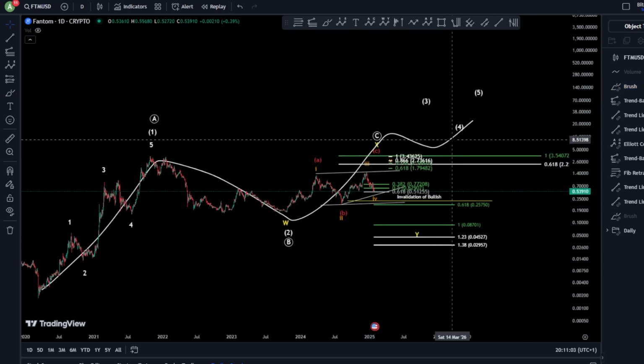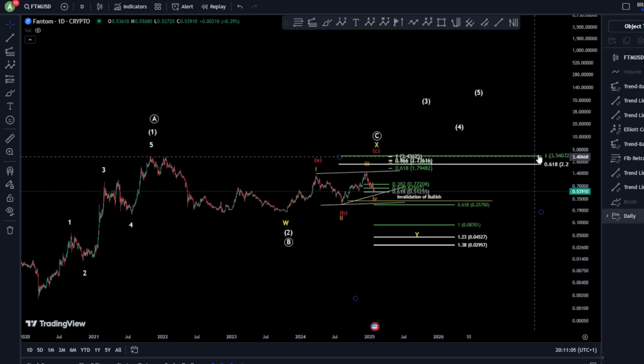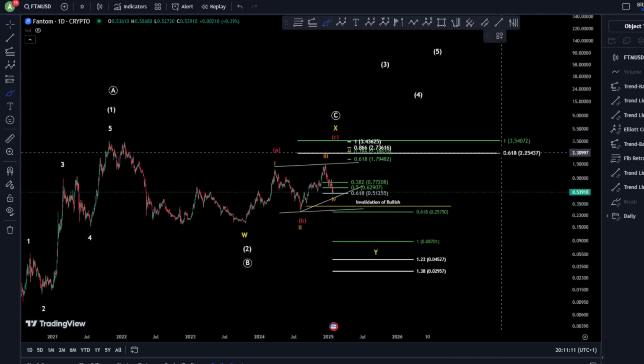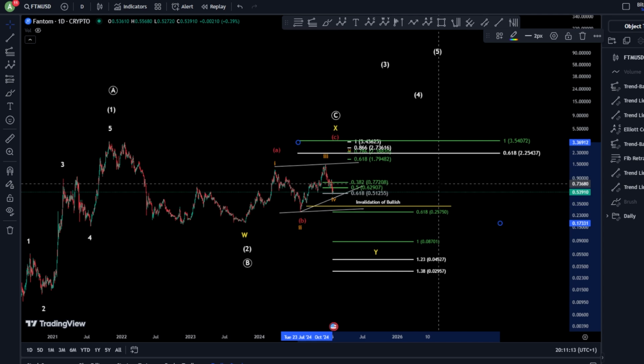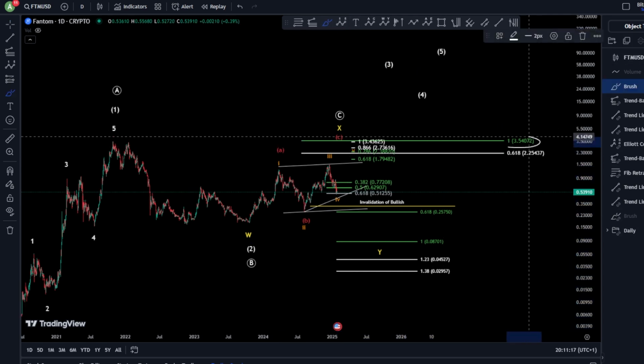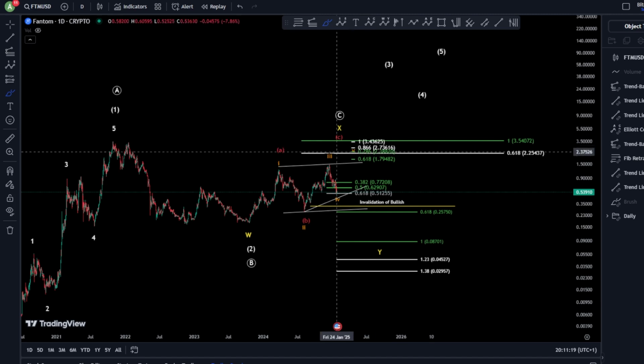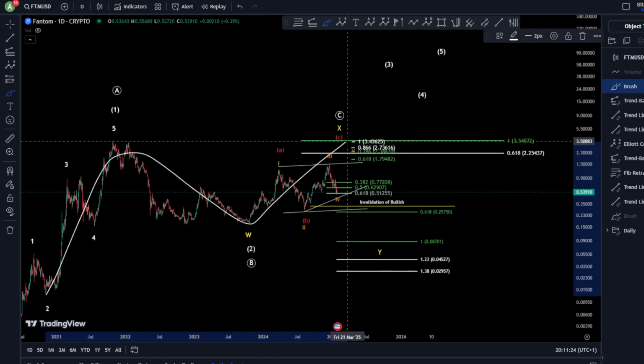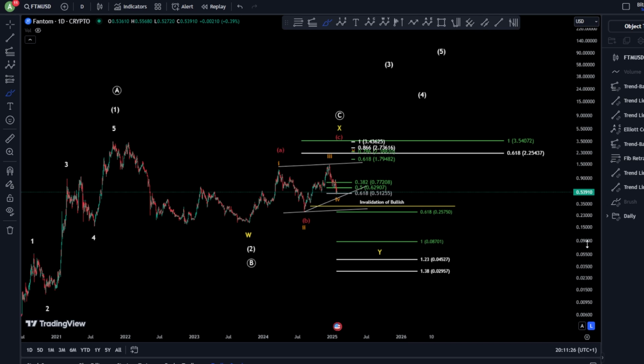In this case, we would like to see higher prices, moving over $3.54 for FTM. The 1-to-1 fib level is your $3.5 for wave C, taken from this wave A and based on the wave B here, to give us the target for a wave C.